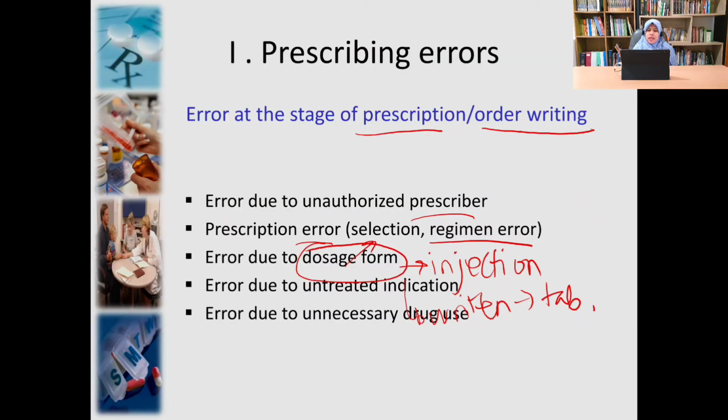The other example is error due to untreated indication and unnecessary drug use. These last two examples have a relationship with DRP, or drug-related problems. Sometimes we see in the prescription medication without indication or inappropriate medication because of unnecessary drug use.